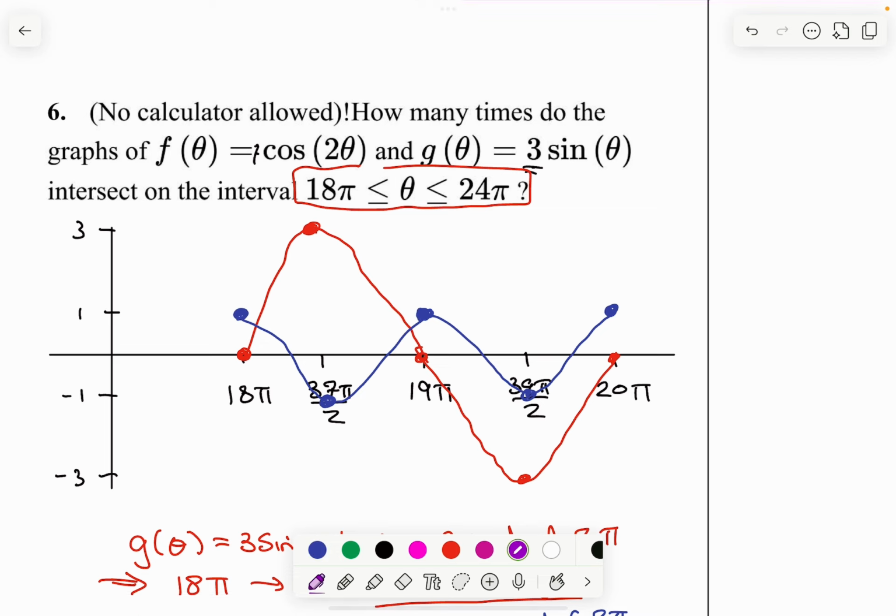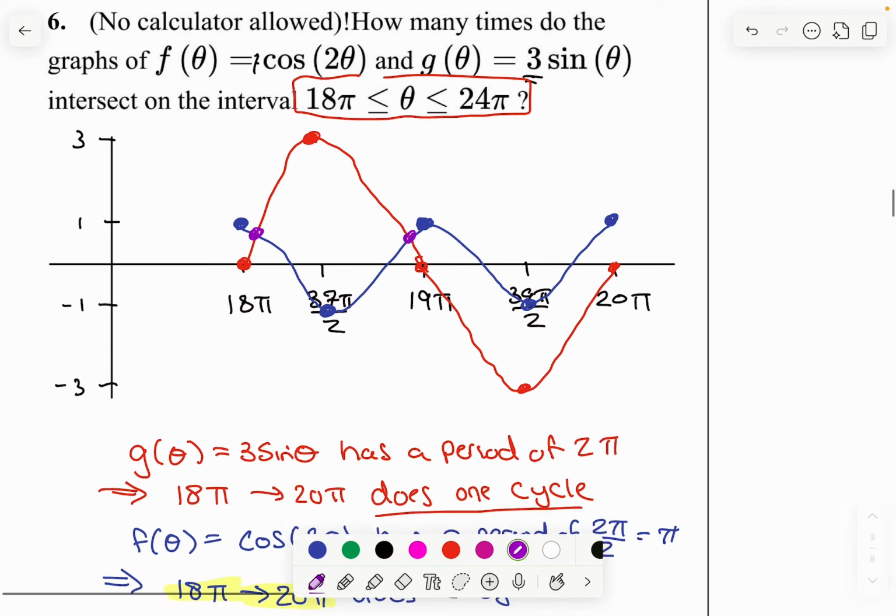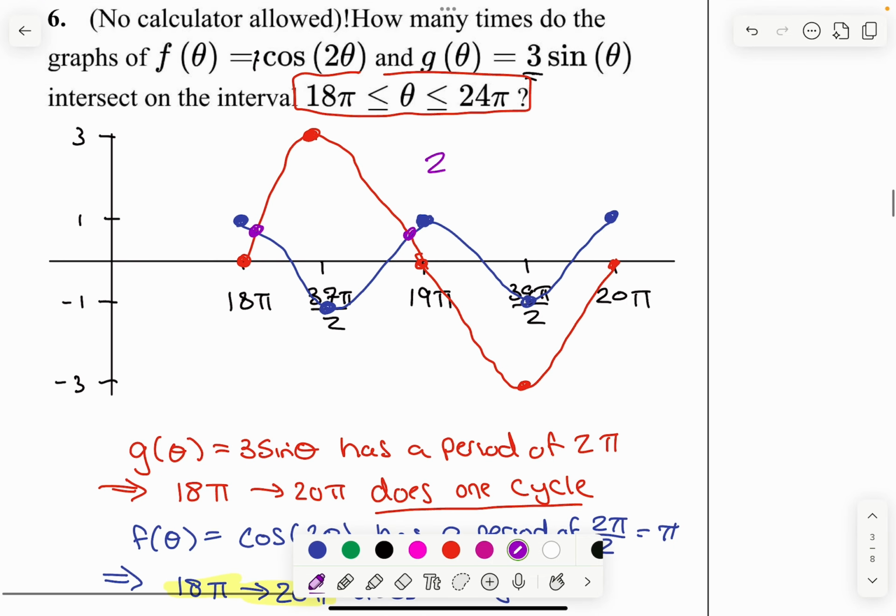And just from this graph, we can tell there's 1 intersection here and 1 intersection here. And then there are no intersections from 19 pi to 20 pi. So that means there are 2 intersections on this interval.